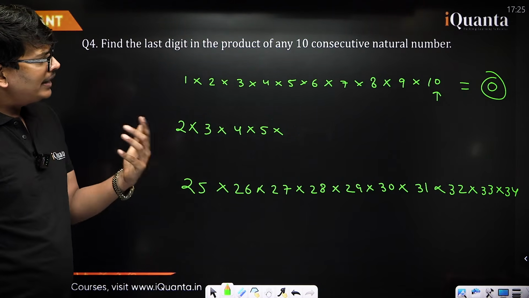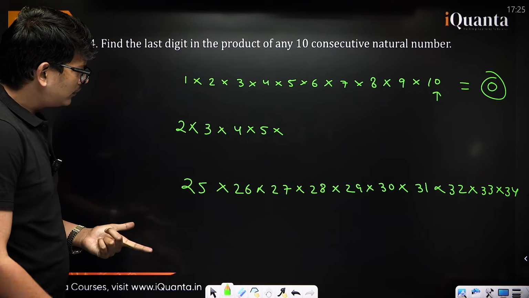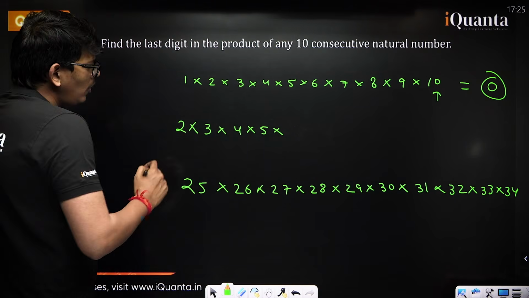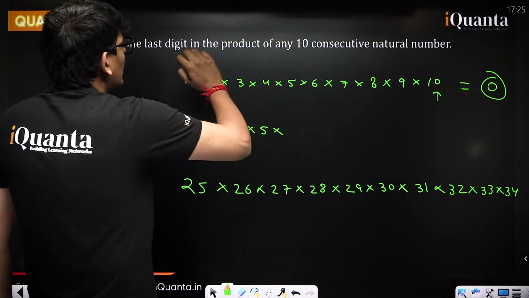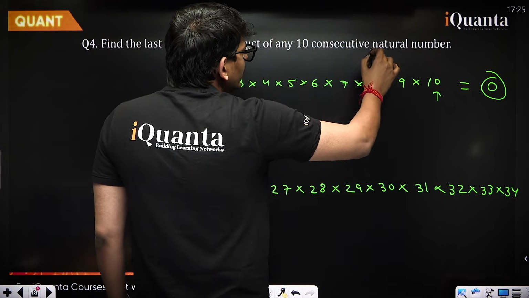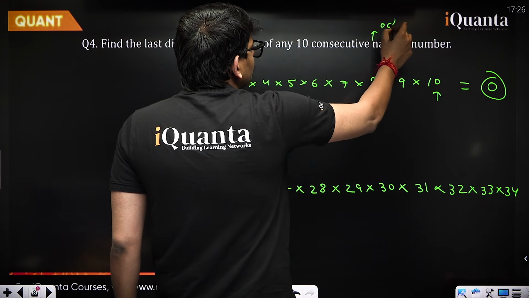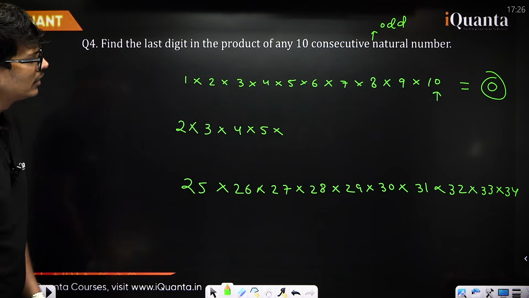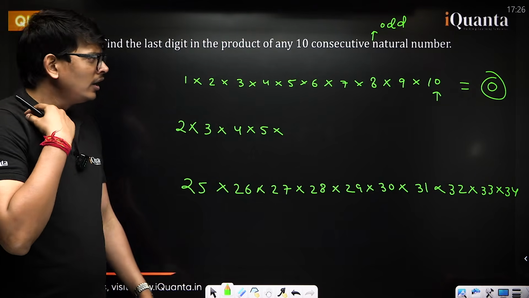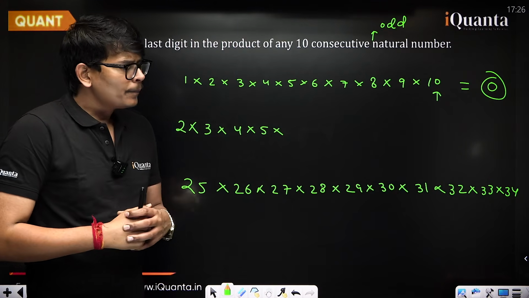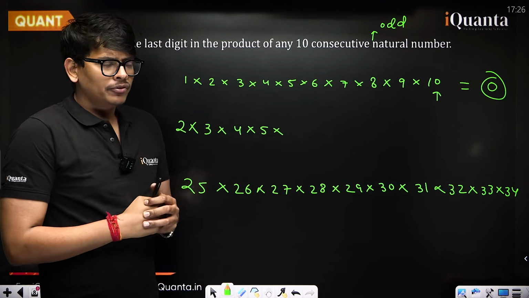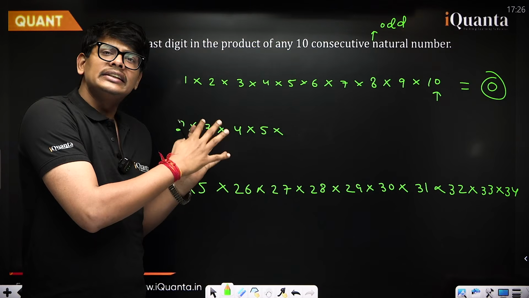Now let's make this question a little bit difficult, right? This was pretty easy. What if the question says find the last digit in the product of any 10 consecutive odd natural numbers? I'm going to teach you one thing. To solve any such type of question, always take the first 10 numbers.